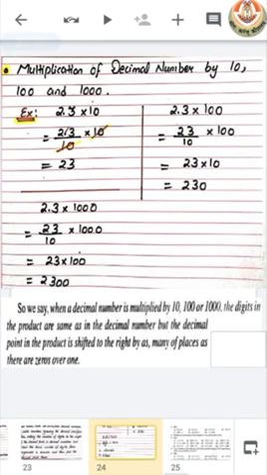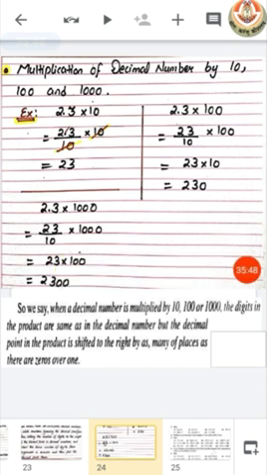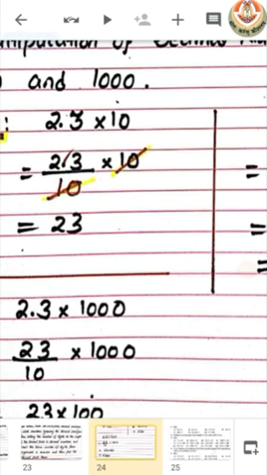Now, how we can multiply a decimal number by 10, 100 and 1000. For this you can see three different multiplications, first with 10, then with 100 and 1000. So for multiplying any decimal number with 10, first we have to remove the decimal and make that decimal number a whole number.